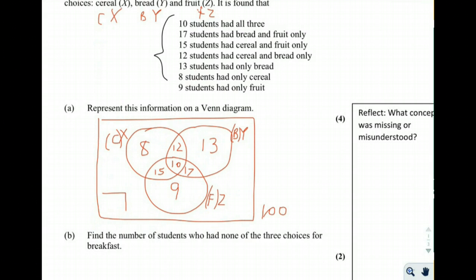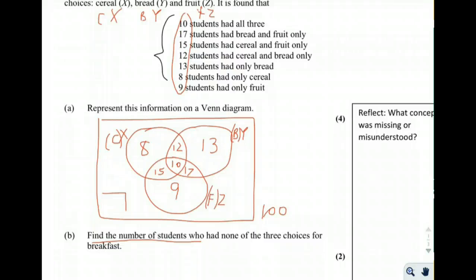So if we add up all these numbers here, do we get less than 100? And I don't think we do, because if we look at part B, they're already asking the number of students who had none of the 3 choices for breakfast. So I don't think it's going to add up to 100. Let's see what it adds up to.